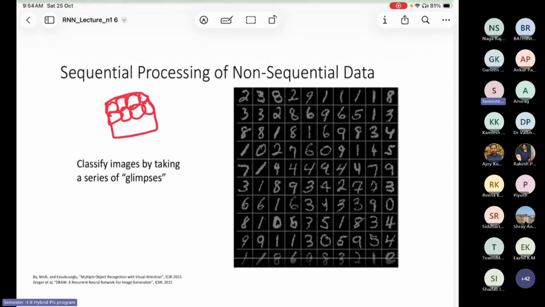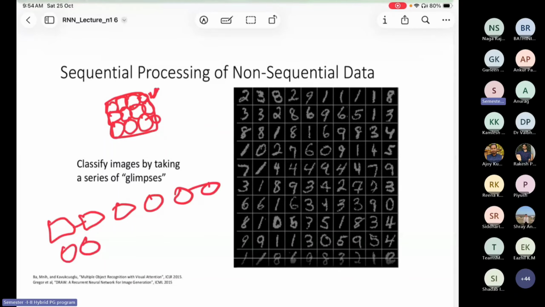So why should we not consider this image as a sequential grid? These are called glimpses, and we give them to the model, and the model will see this image as sequential data and do the classification. In the case of CNN, this is considered as one input. But in the case of RNN, they divided this into multiple parts, and now they have considered this as sequential data.